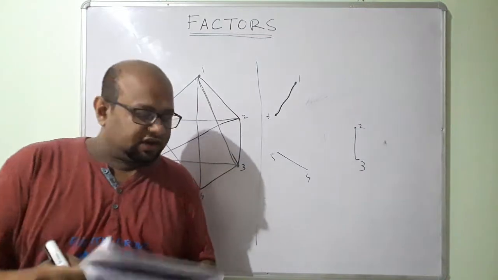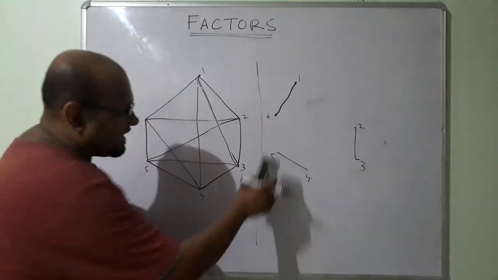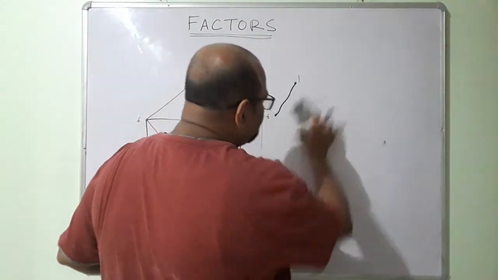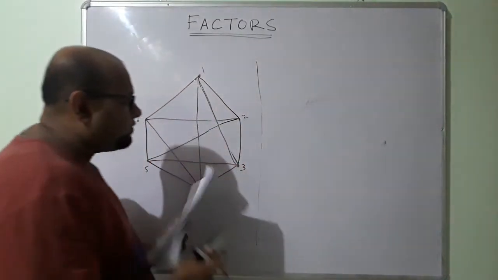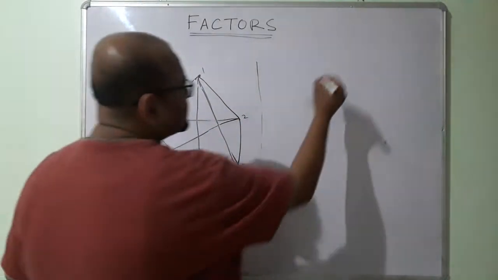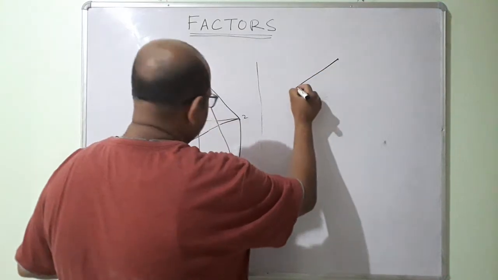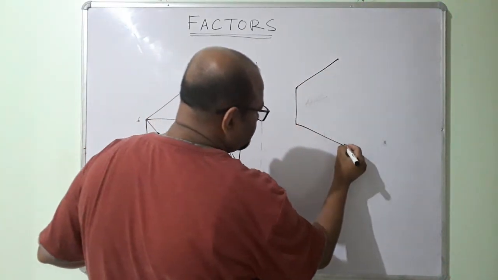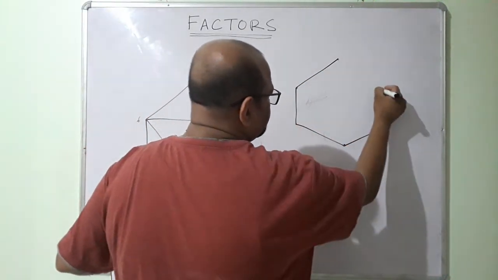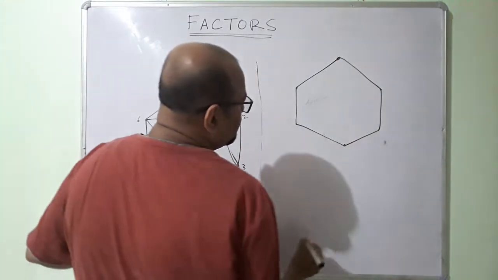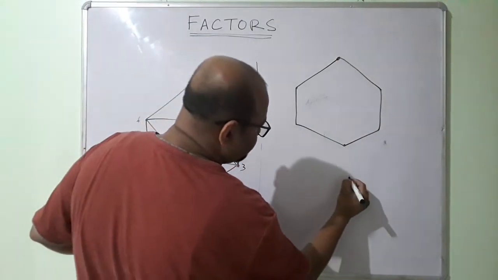Alright, now let us look at whether it is two factorizable. I will get two subgraphs out of this. One is this subgraph. Another is this subgraph.